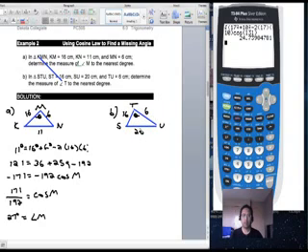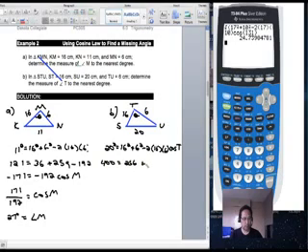Similar situation, three line segments, no angles, so you know it's going to be a cosine law. 20 squared is going to be equal to 16 squared plus 6 squared minus 2 times 16 times 6 cos T. 400 is going to be equal to 256 plus 36 minus 192 cos T. So we'll add these together and subtract them from both sides.